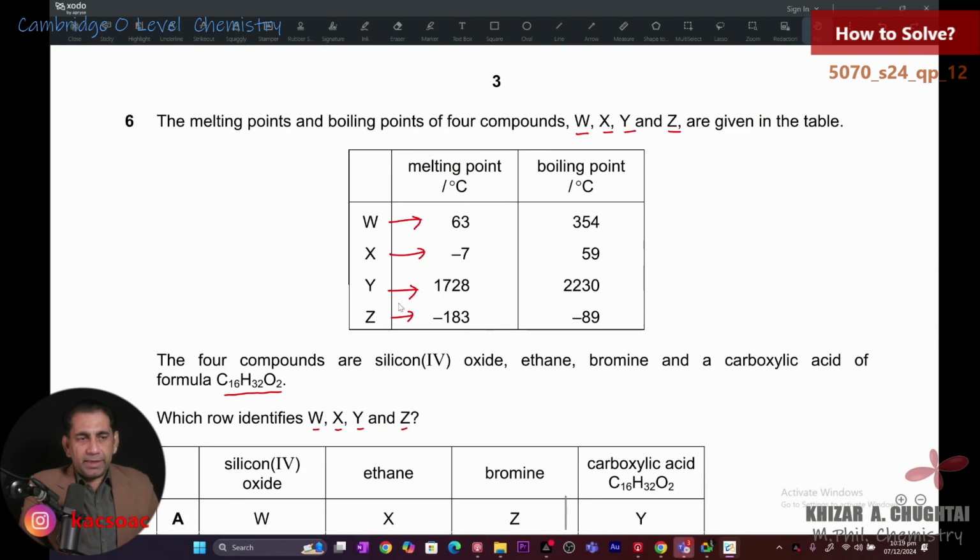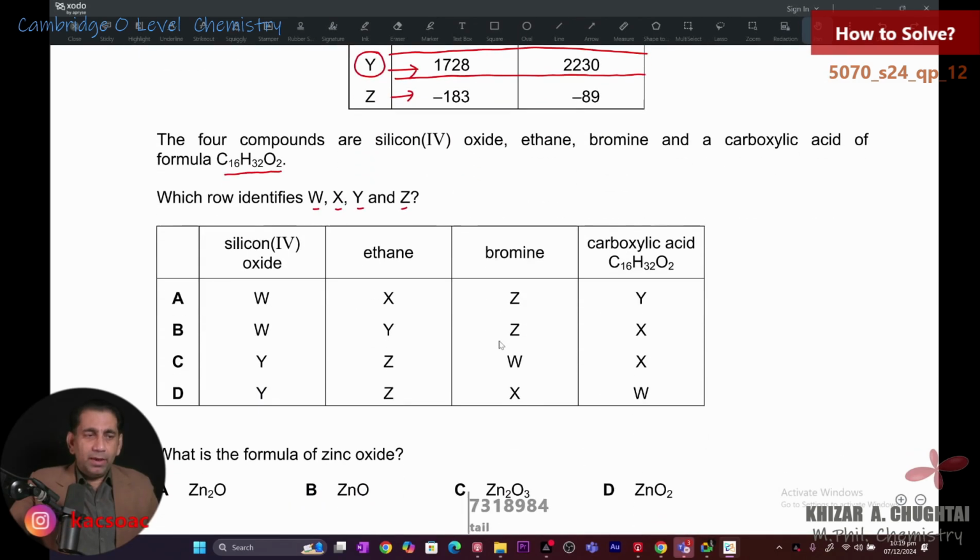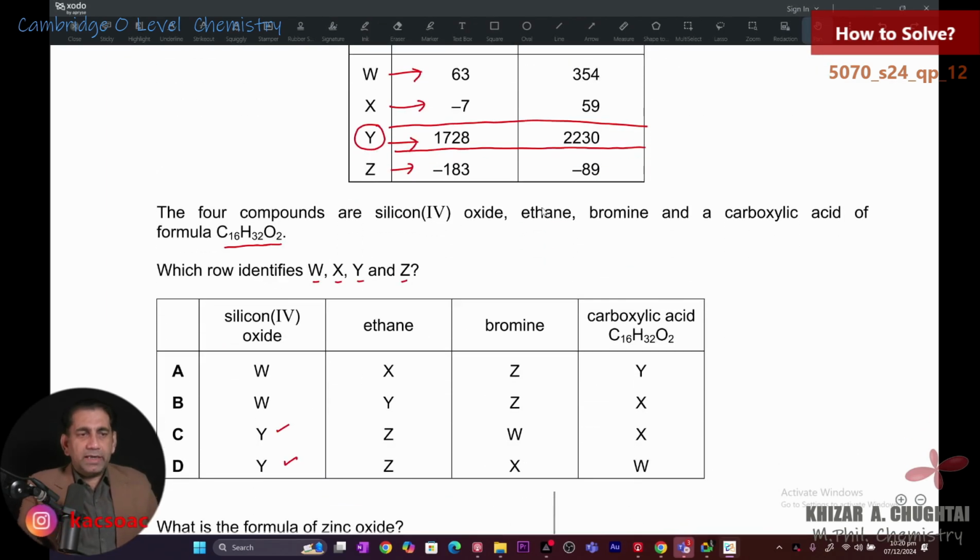The highest melting point is over here, that's for Y, and it is indicating that this substance has a giant covalent structure. So it may be diamond, it may be silicon dioxide, it may be graphite, and so on. So Y is basically silicon dioxide, and either C or D may be the correct option. Now come toward the other options: ethane, bromine, and carboxylic acid. Ethane is a gas.